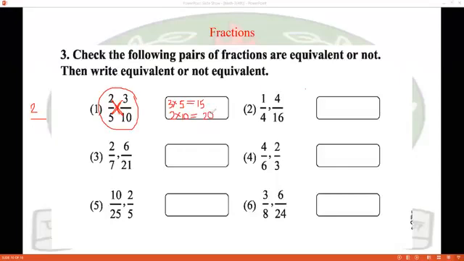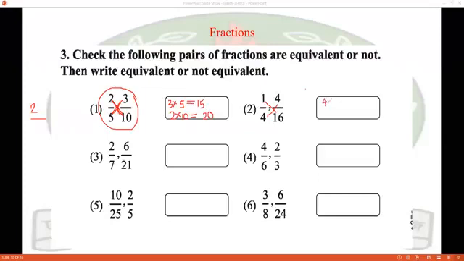So the 2 multiplication results are not the same. One is 15, another is 20. So they are not equivalent, and you have to write in the box that they are not equivalent. But in number 2, you multiply 1 into 16 and 4 into 4.